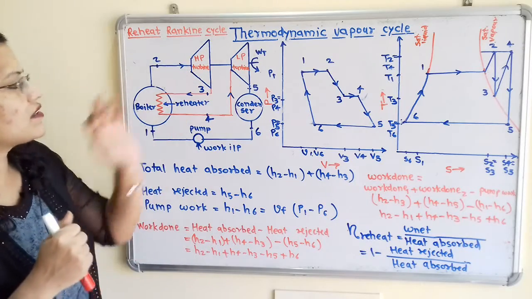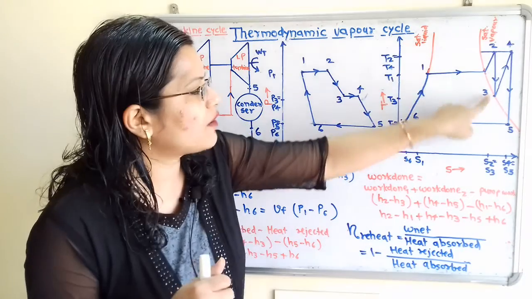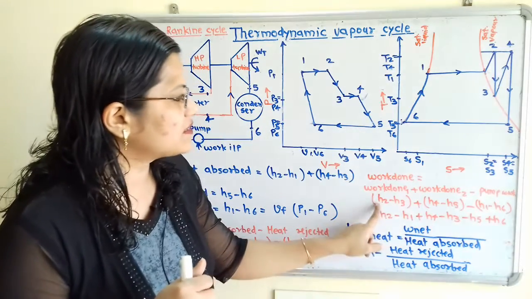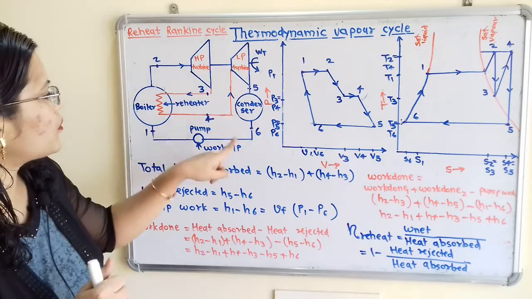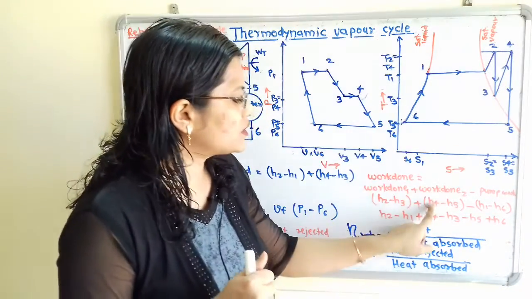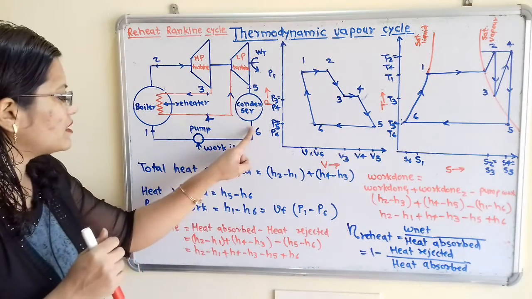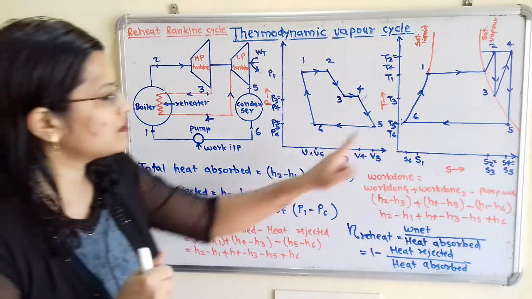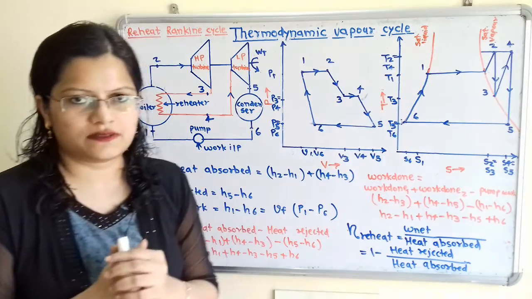So what is work done 1? That is during the process 2 to 3, so again we take the change in enthalpy, that is H2 minus H3. Work done 2 is during the process 4 to 5, so again for 4 to 5, H4 minus H5, minus pump work. Pump work is during the process 6 to 1, so again we take the difference H1 minus H6.